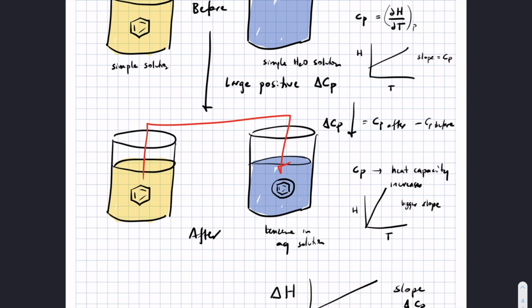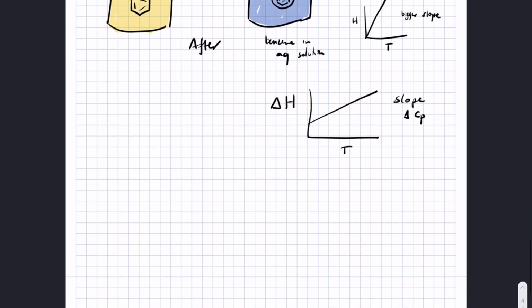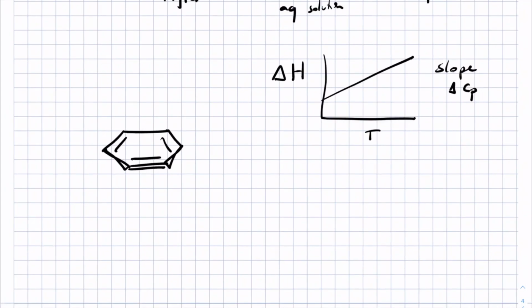Why do you think the heat capacity would go up if you put a nonpolar molecule in solution? Go ahead. I mean, you talked before about how it increases the strength of the hydrogen bonds. Uh-huh. So, temperature changes how fast the molecules can move, so they aren't going to want to move as much because that involves weakening those hydrogen bonds. There's a ton of good stuff there that I'm afraid I'm going to miss.